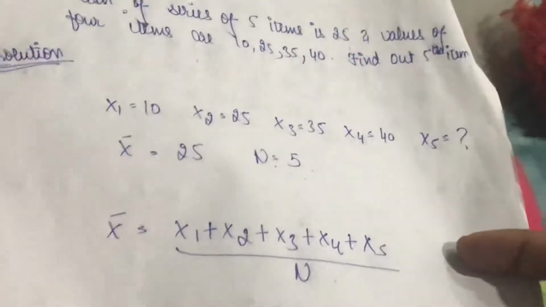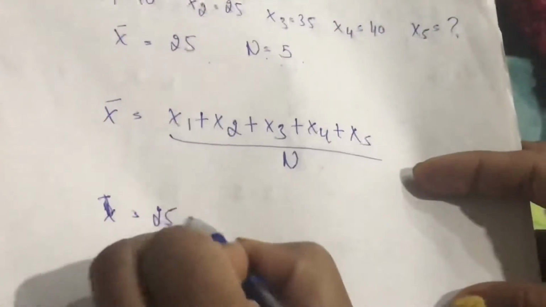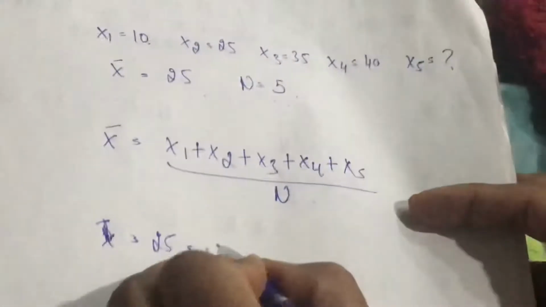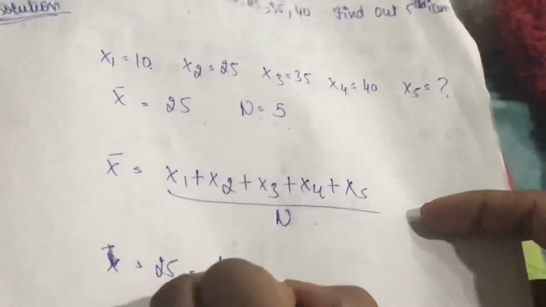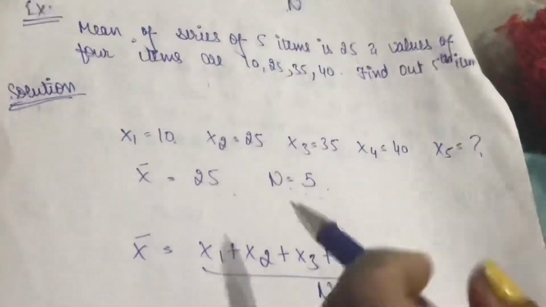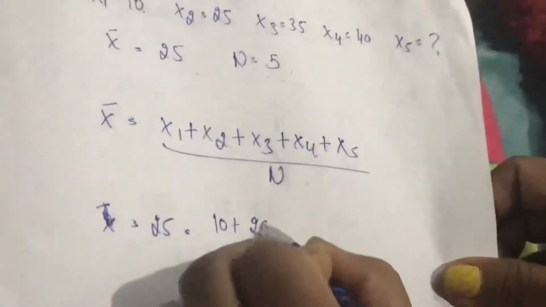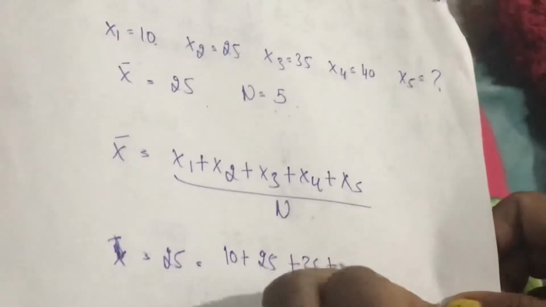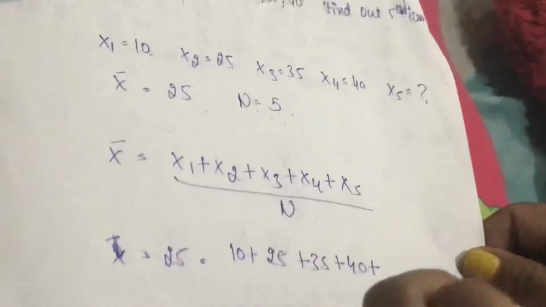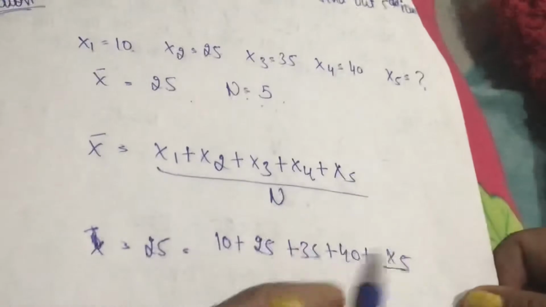So mean is equal to 25. x1 is 10, the first value. The second value you can check over here, x2 is 20. x3 is 35, x4 is 40, but x5 is not given to you. So I can take x5 as unknown, because the value is not given.